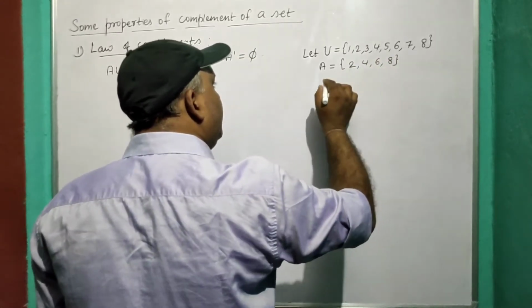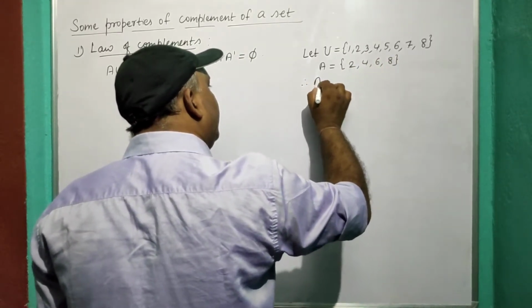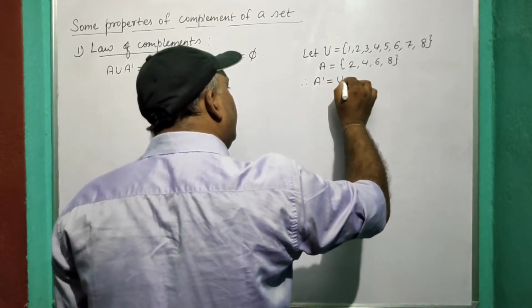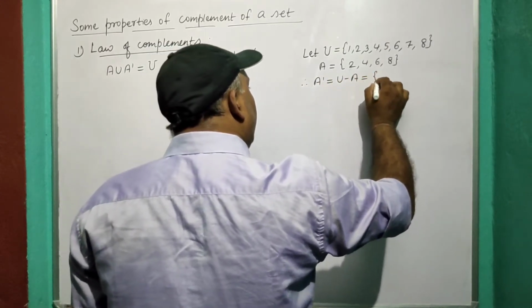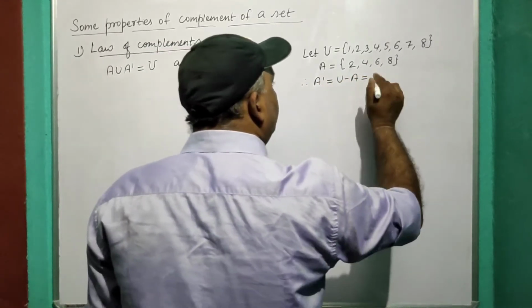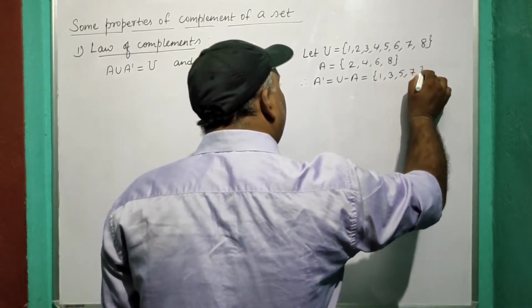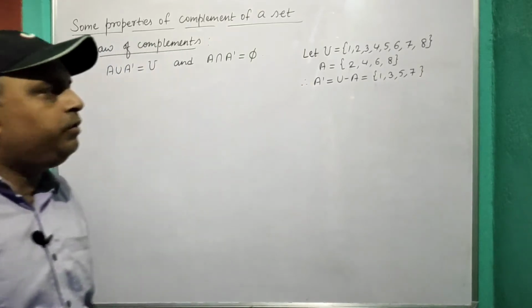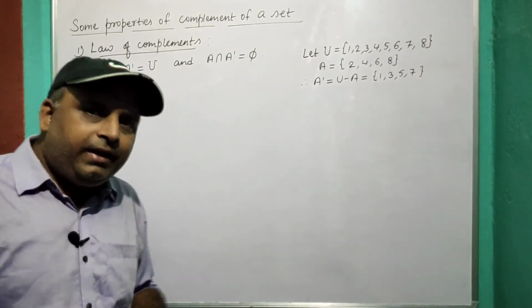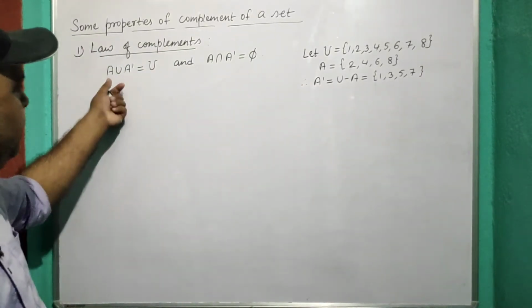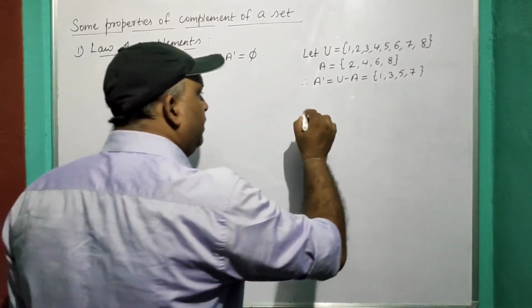This example we had taken just now. So this A dash will be U minus A, and this is equal to 1, 3, 5, 7. So we have obtained this A dash here. Now if you find the union of A and A dash, see what will you get?